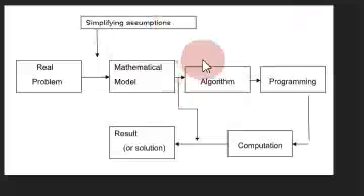So first you have to implement an algorithm, then you write a program by using a computer, by using mathematical software, right? You code that algorithm. This is called the computer programming part, right?